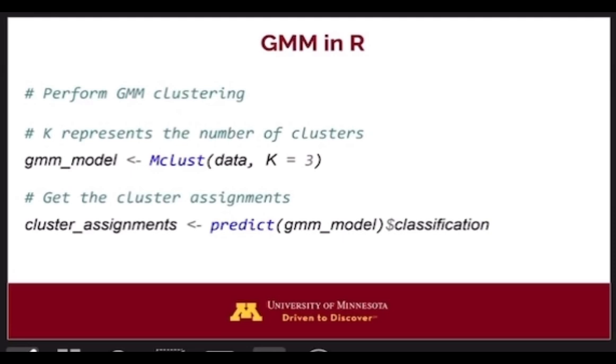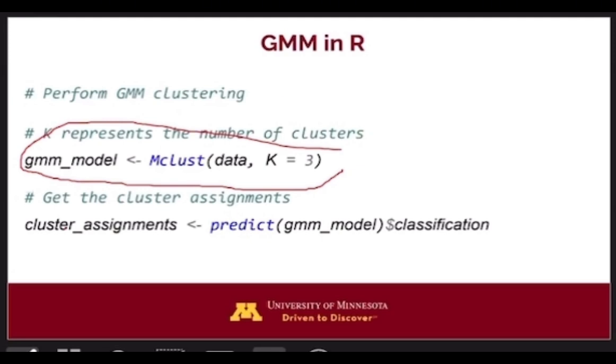Okay. Now here, we already have my data set. So we run Mclust on the data with K equal to 3, the number of clusters. Let me tell you, if you want to work with the Gaussian mixture model, we specify the number of clusters ahead of time.